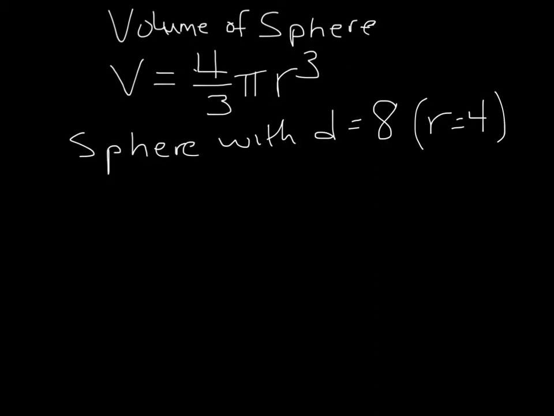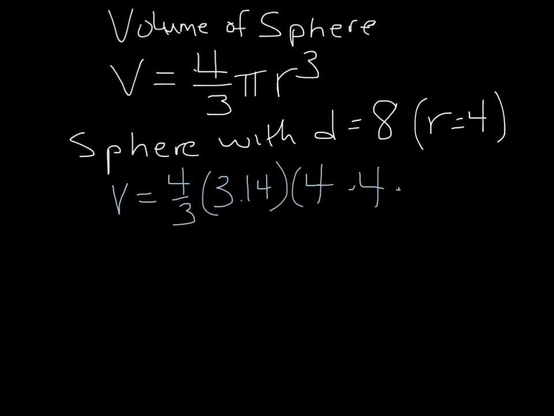Okay, so let's go ahead and calculate our volume. So the volume is equal to 4/3 times pi 3.14 times, and I'm going to write it as 4 times 4 times 4. Okay, remember, that is r cubed. R cubed is 4 times 4 times 4.